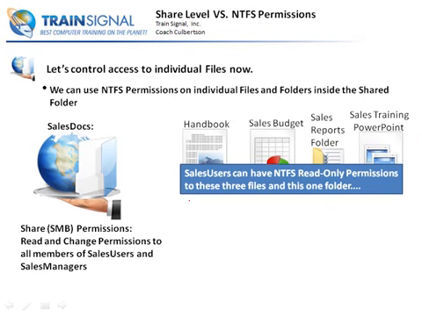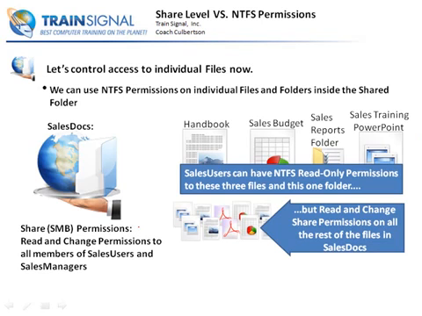So using NTFS permissions, we can apply read-only permissions to these 3 files and this one folder. And then all the rest of the files and folders inside of sales docs still have read and change share permissions for our sales users by doing pretty much nothing, but we can take these 4 guys up top here and apply different permissions to them using NTFS.